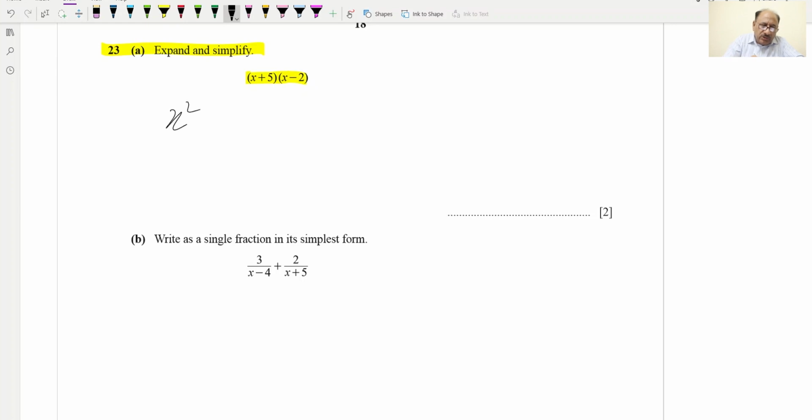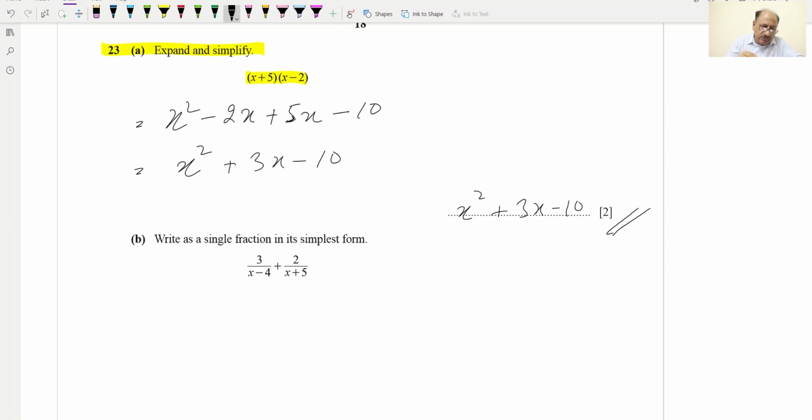So x squared minus x into 2 will be 2x, and this will be plus 5 into x will be plus 5x, and next we can multiply 5 with minus 2, so minus 10. This will be the expansion. Now we can add the like terms. x squared minus 2x plus 5x will be plus 3x minus 10. So this will be our final answer for this 2-mark question.